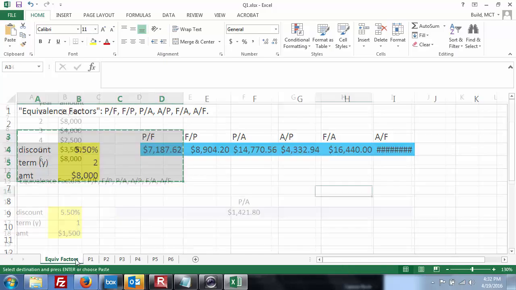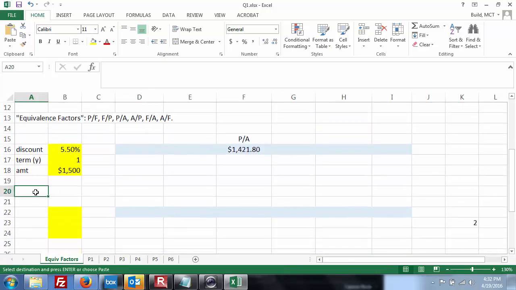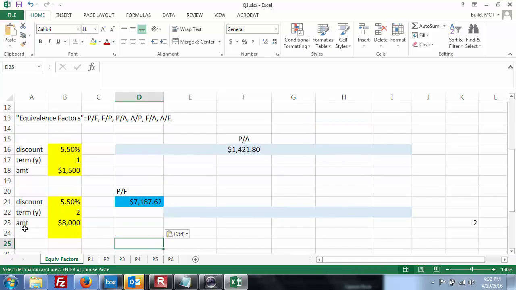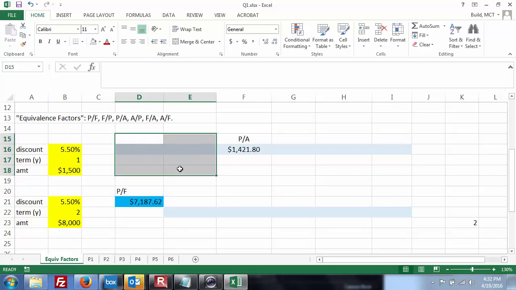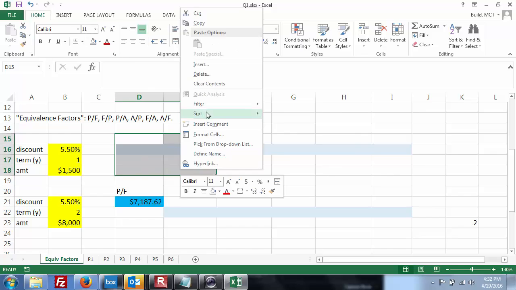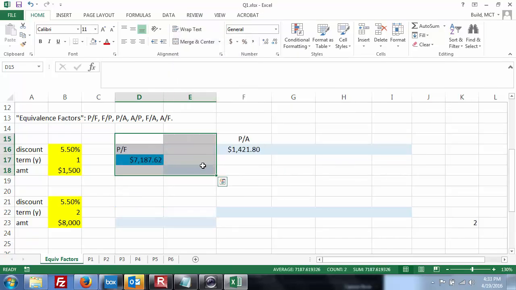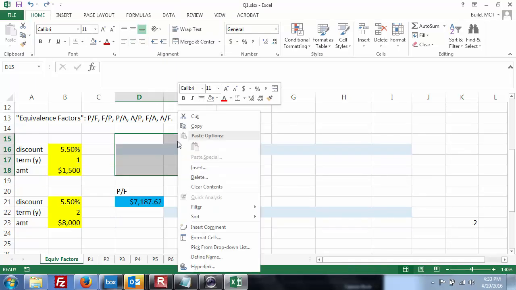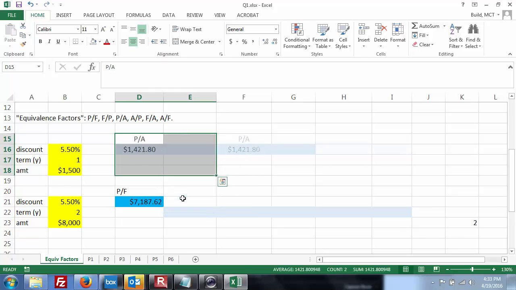copy it, come over here, down here, paste it. Shift cells left, fine, okay.